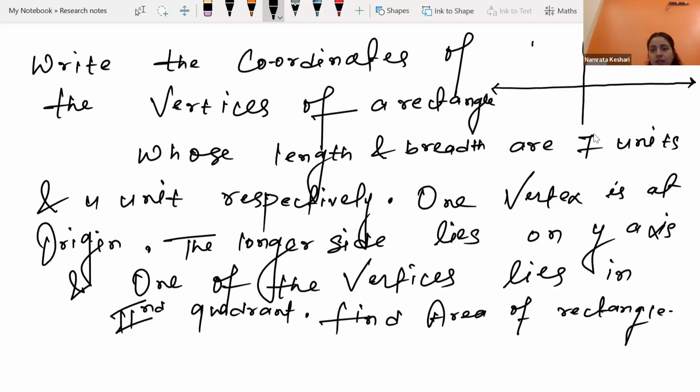The area we can find; the main question is the vertex coordinates, for a rectangle with length 7 and breadth 4. One vertex is at the origin (0, 0), and the longer side lies on the y-axis.